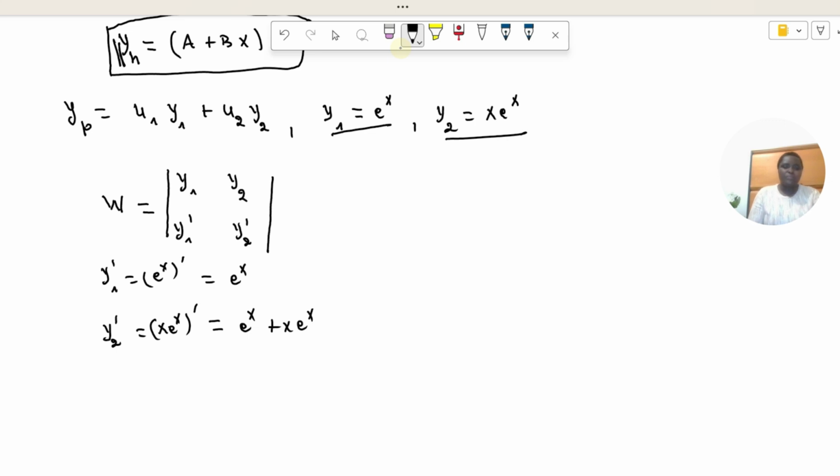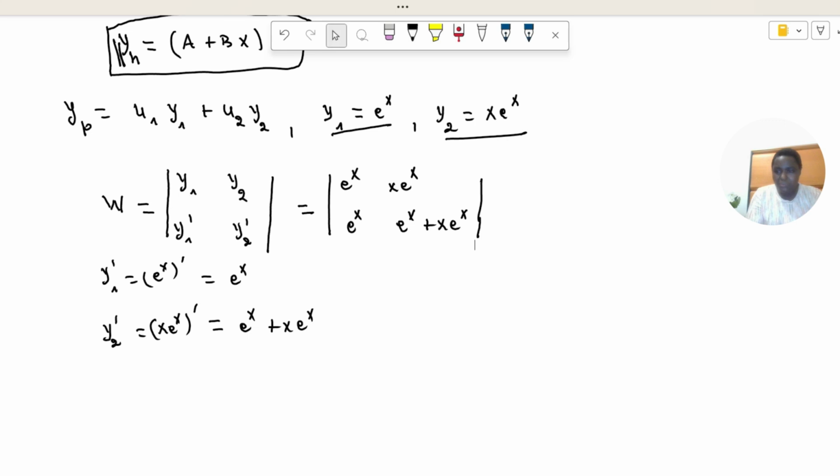And then what will be the Wronskian? Then you can see that this Wronskian W will be equal to y1 is e power x and y2 is x e power x, and y1 derivative is e power x, y2 derivative is e power x plus x e power x, and we compute the determinant, not the derivative.